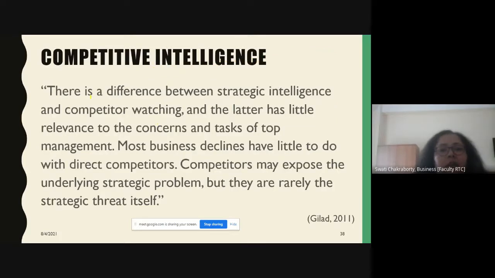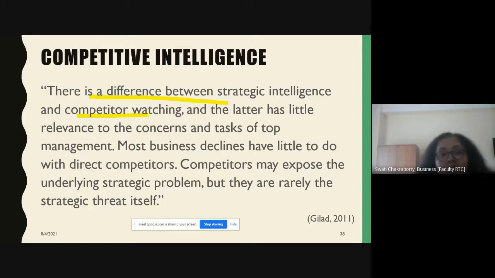Okay. And there is a difference between strategic intelligence and competitor watching, because competitor watching has little relevance to the concerns and tasks of top management. Most business declines have little to do with direct competitors.